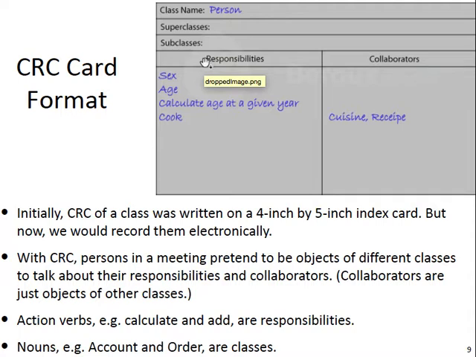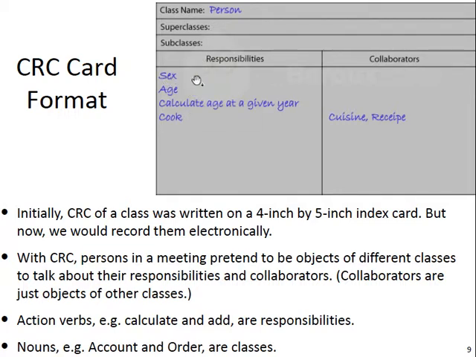each hold 1 or 2 cards, and then they write down what they're responsible for, and then use narration. So I would say, I have this responsibility, I have this responsibility. I use your service. So another person may be holding the recipe card, and what do you think a recipe class would have as responsibilities?